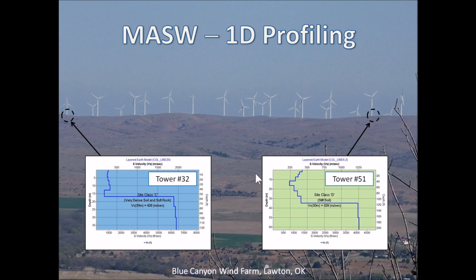The wind turbine site characterization, as illustrated here, is a common application of 1D MASW survey, which produces a profile of shear wave velocity variation with depths at the center of the turbine site. This kind of 1D profile can also be used for seismic site characterization, commonly known as VS30 measurement.